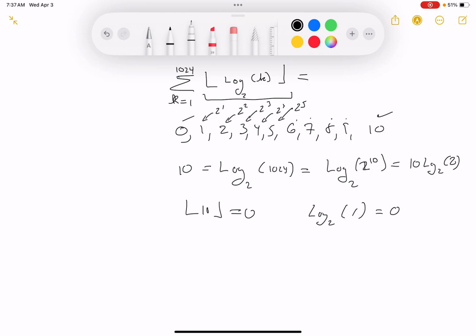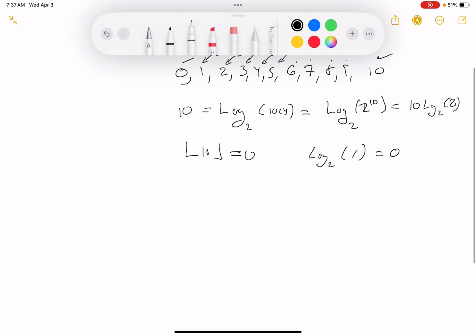So what I want to do is talk about this over here. I would write down 1, 2, 3, 4, and so on, all the way up to 1024. I want to point out the 0. By the way, this is 2 to the 0, and this is 2 to the 1, and this is going to be 2 to the 2 over here.